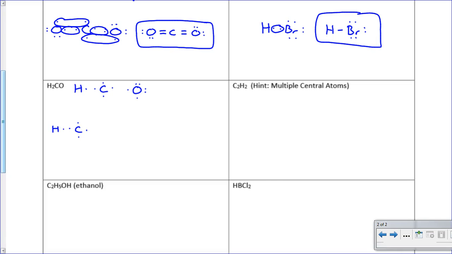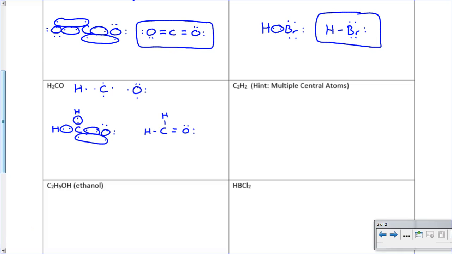Draw a hydrogen on one side of it, it's going to make a bond there, another hydrogen here, make a bond there, and then on this oxygen, I'm going to leave the left and bottom sides open because it's going to need to make a double bond here with this carbon. All right, and what we end up with is C bonded to the H, bonded to another H, and then double bonded to the oxygen, with our electrons there on the oxygen.